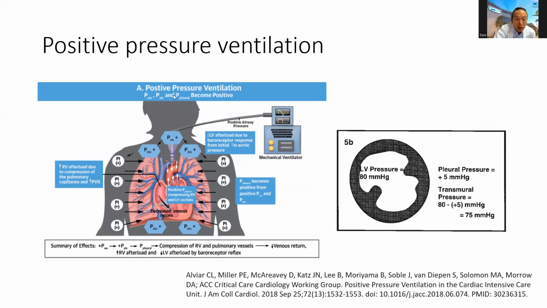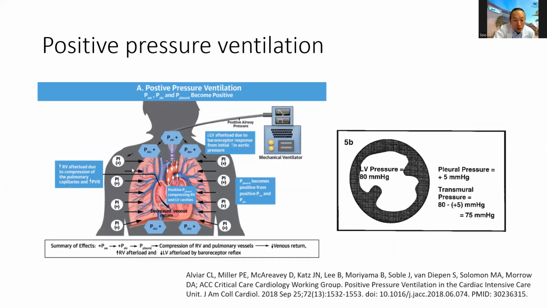What happens if you intubate the patient, you put a ventilator on, and you actually push pressure into the lungs? So this is now becoming positive. So every pressure inside this system, you have put in a tube and actually push pressure into this intrathoracic space.